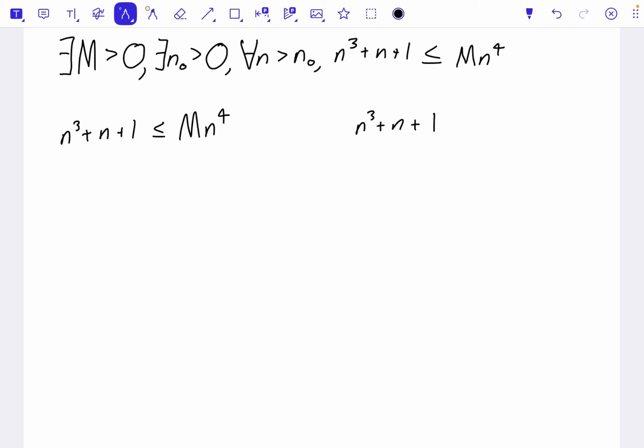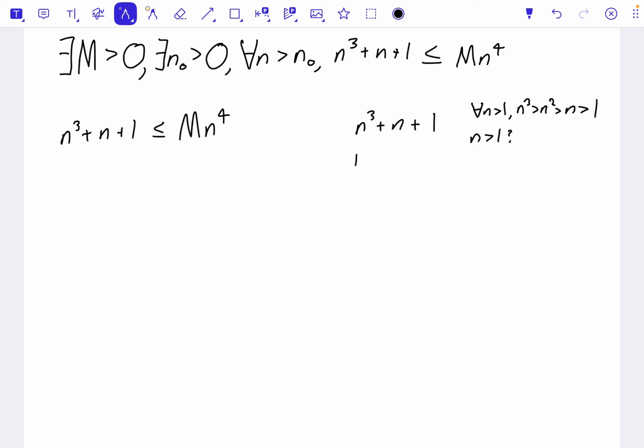So I know that I want to turn all these terms into n terms with the same exponent. So I know that for all n greater than 1, n cubed is strictly greater than n squared, strictly greater than n, strictly greater than 1. So I can just guess n probably equals 1.